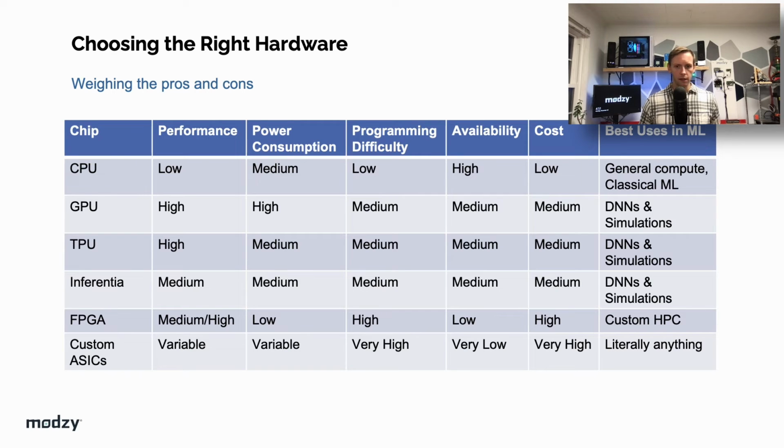A GPU, I would say, is more flexible. TPU might have better performance in certain situations. The Inferentia chip, probably comparable performance to a TPU, again, situationally. They each have their role to play, but it tends to be when you're using a more sophisticated, more computationally expensive model. And then finally, FPGAs are great if you've really got some customized HPC you want to do.